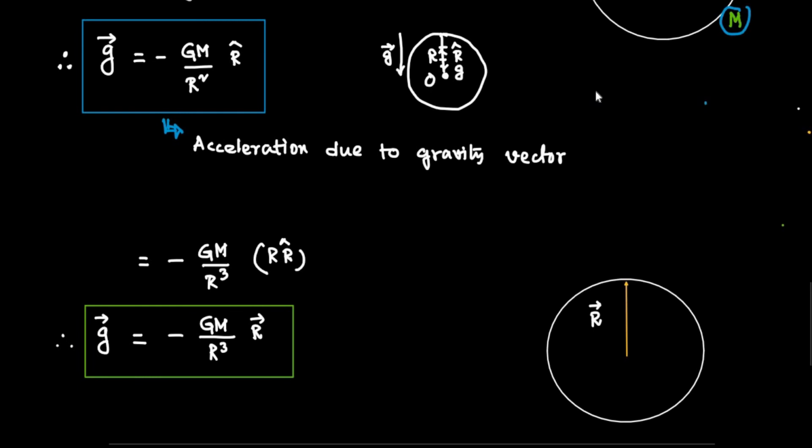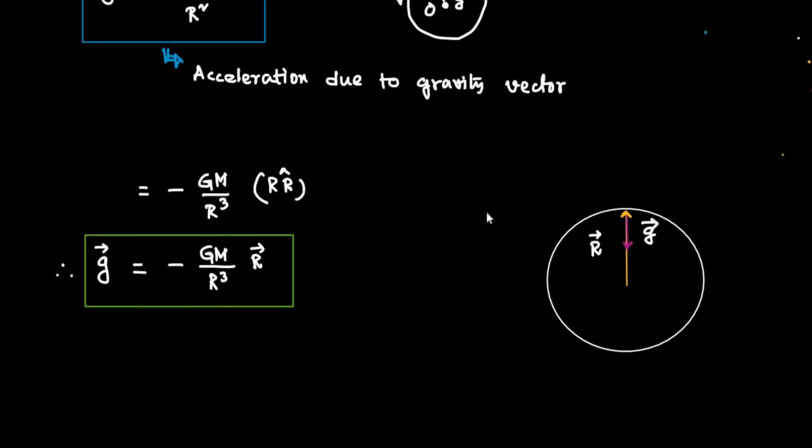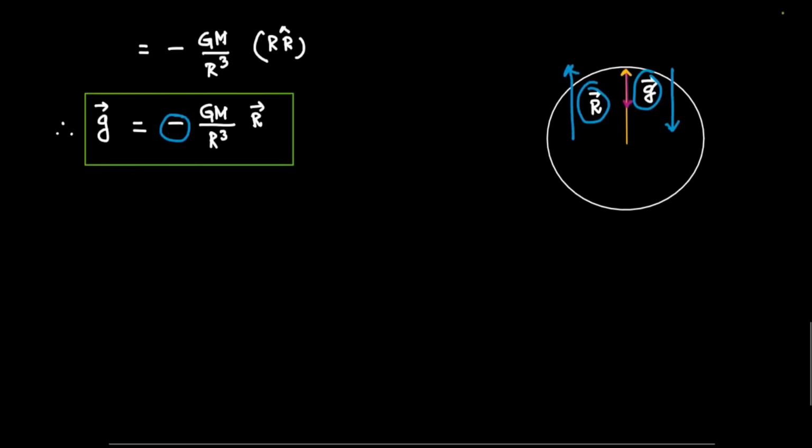Vector r is the radius vector of Earth which acts radially outwards, and acceleration due to gravity acts radially inwards. Vector g acts radially inwards towards center of Earth. We can consider negative sign because vector g acts radially inwards and vector r acts radially outwards.